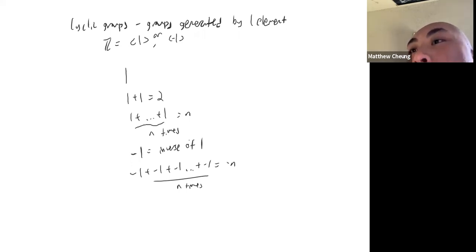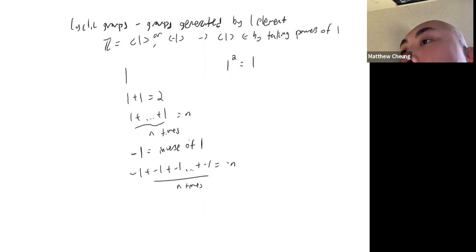So informally, by taking powers of 1. By powers of 1, I mean 1 squared is 1 star 1, where star is the group operation. In this case, the group operation is plus, so it's 2.